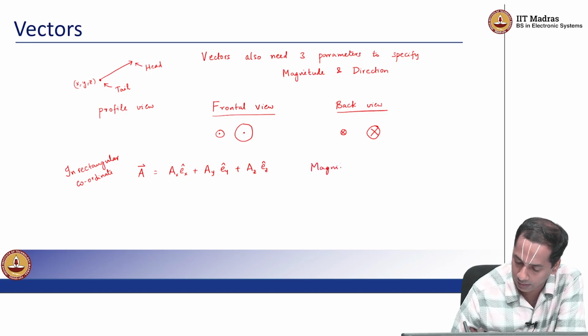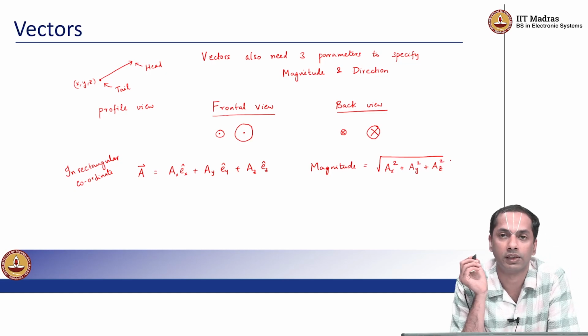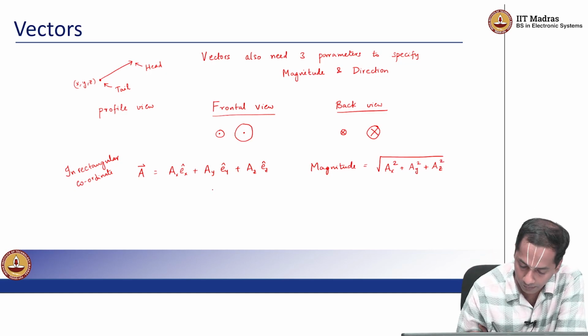So the magnitude of this vector A is simply given by the square root of the sum of squares of the three components, right? Ex, Ey and Ez are unit vectors, right?